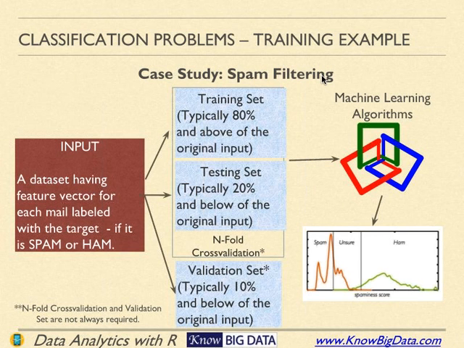So in the training example, what you do is you have an input and you break it down into a training set. And then you see whether the other input belongs to any of them. Whenever you are doing predictions, how will you test a predictor?